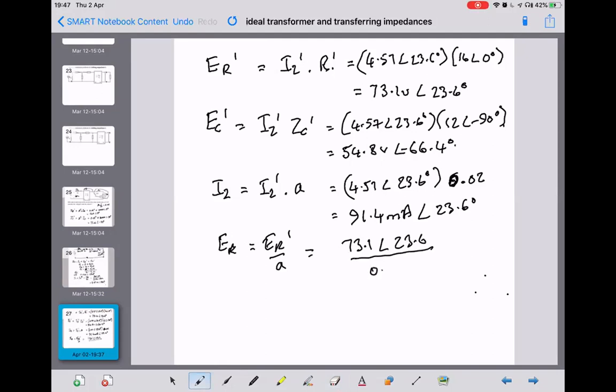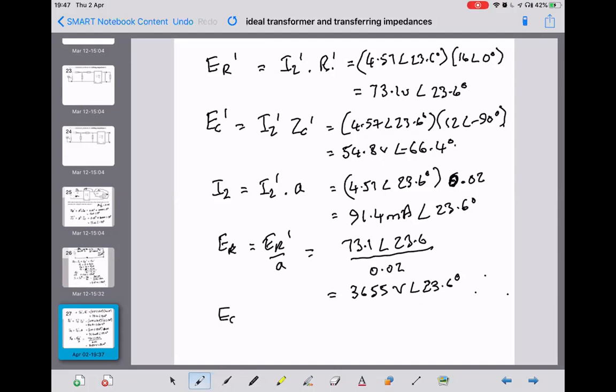That's over 0.02, which equals a lot of volts: 3,655. The angle's 23.6.